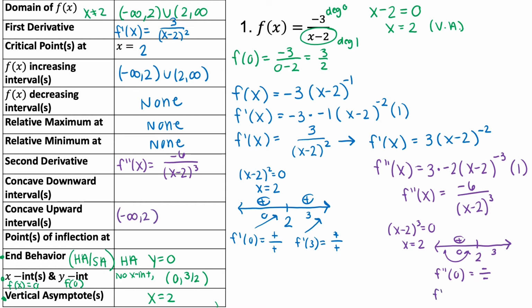And then f double prime of 3, negative 6 is still negative over, plugging in a 3, 3 minus 2 is 1, cubed is positive, which makes this a negative value, and I'm concave down between 2 and infinity. Now I do have a change in concavity at x equals 2, but because that was my vertical asymptote, I have no point of inflection.